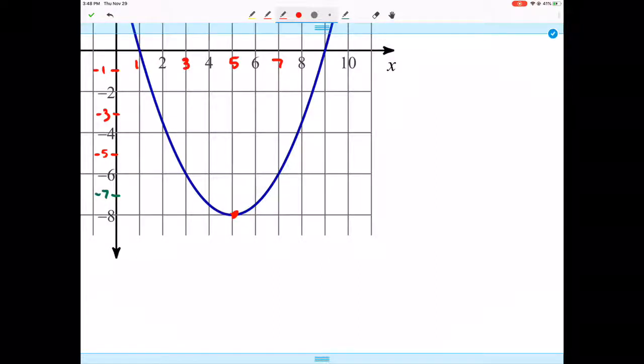So this is about a half. When we do our growth, we go over 1, and here we're only going up a half. We're going from negative 8 to negative 7.5. Okay, so you can see that our growth is 1, and then we go up 1/2. Okay, so A equals 1/2.